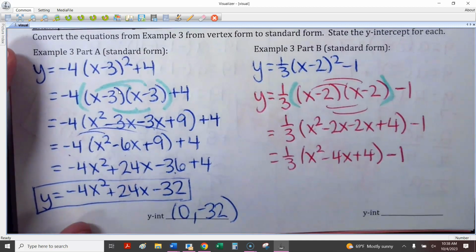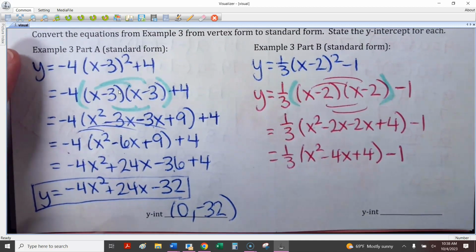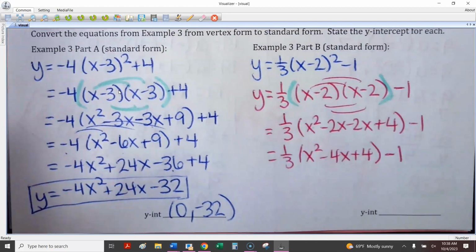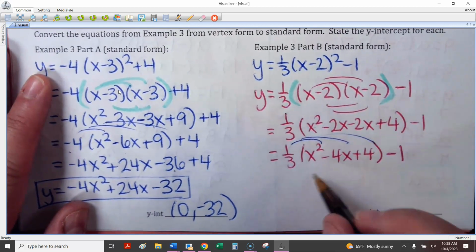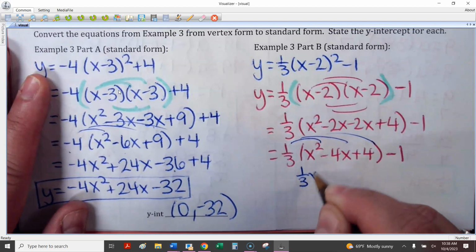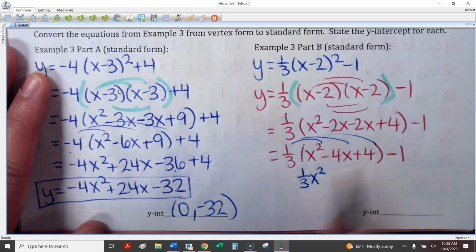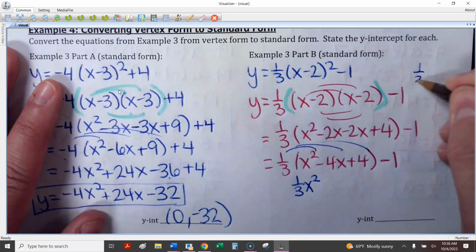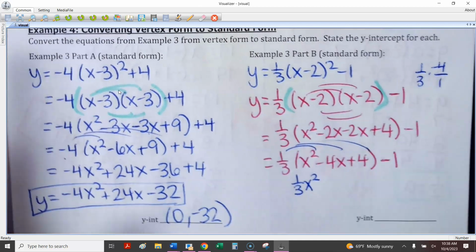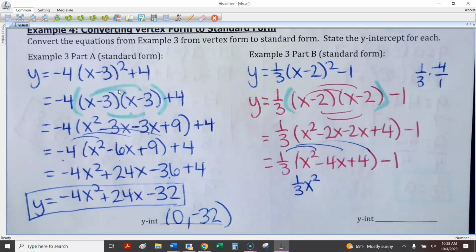Now, if I distribute the 1/3, this is the part where, if you want to grab your calculator, you're welcome to. I'm just going to leave these as fractions for this question. So just that first term would just be 1/3 x squared. Now, if I take 1/3 times negative 4, do I need a common denominator to multiply?